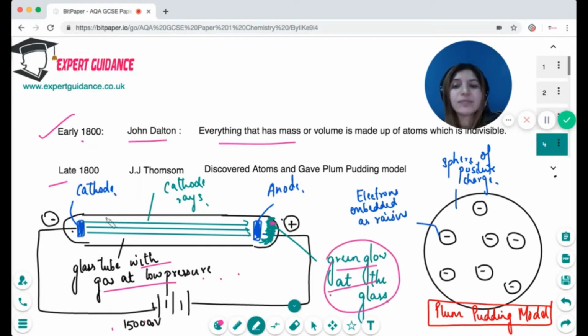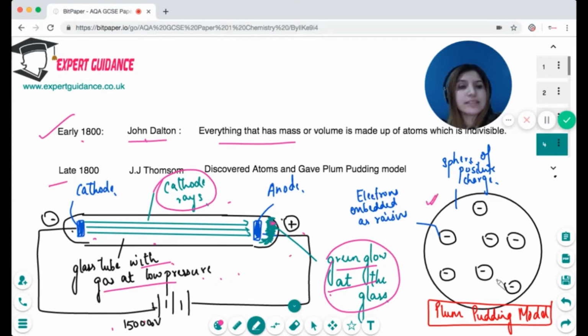It came from the rays that were given out of the cathode. He called these rays the cathode rays, and as they were moving towards the positive terminal, he concluded that these are negative rays coming out of the gas atoms present in the glass tube. So he discovered that the atom can further be divided, and it has negative and positive charged subatomic particles. On the basis of that, he gave this plum pudding model.